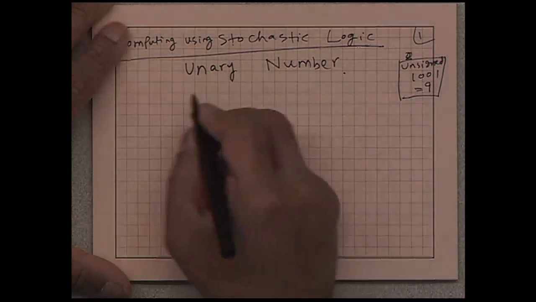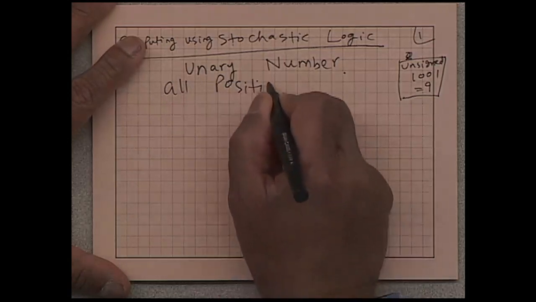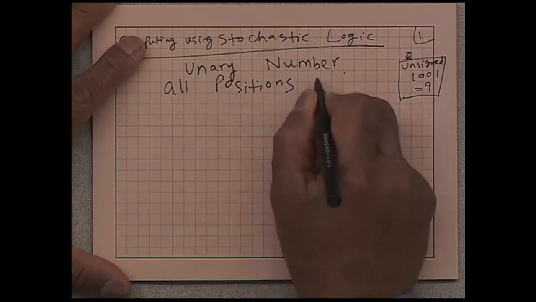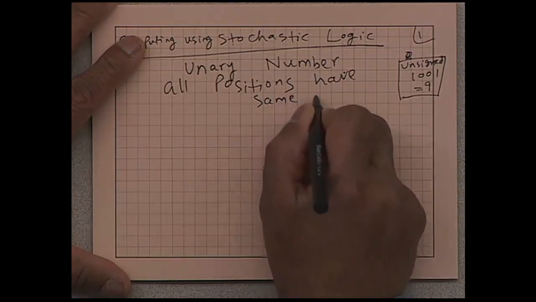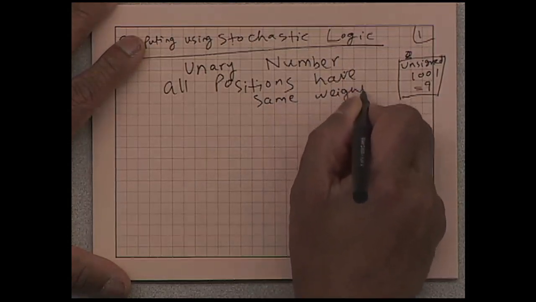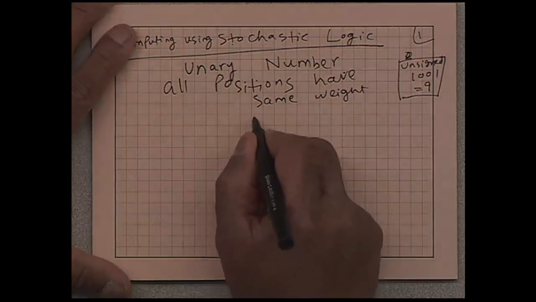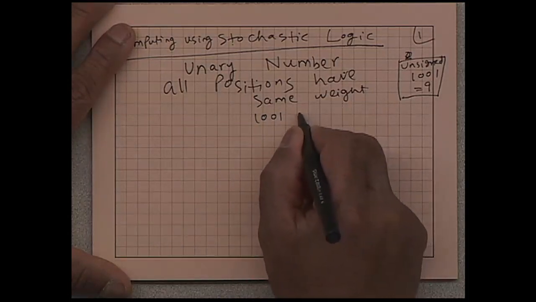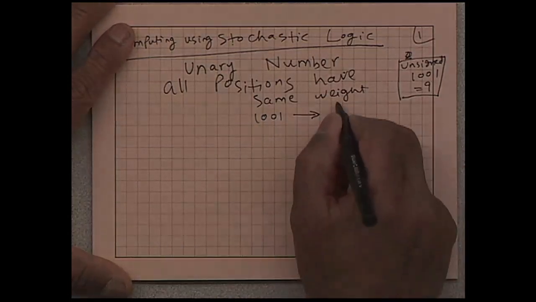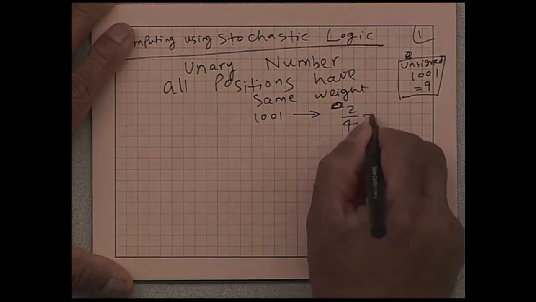In a unary number, this is not a weighted representation. All positions have the same weight, and that is called a unary number representation. So for example, 1, 0, 0, 1, using 4 bits, I would call this 2 out of 4, so 2 by 4 or half.